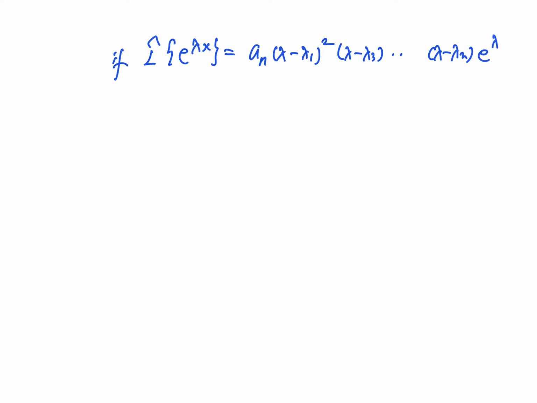If L exponential lambda x is given by a_n lambda minus lambda 1 squared, lambda minus lambda 3, up to lambda minus lambda n, exponential lambda x, and this gives L exponential lambda x at lambda equal to lambda 1 is equal to 0, right?